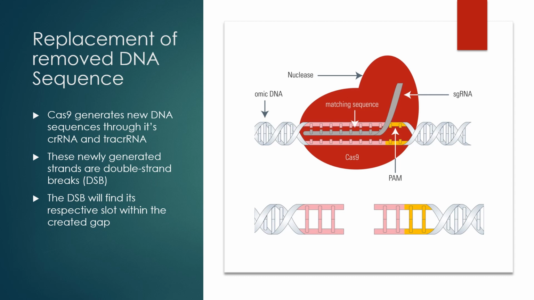These newly generated DNA strands are called DSB, or double-stranded breaks. This DSB will then take its respective slot into the original position that the first DNA strand was holding. As you can see, the gap in the lower area of the DSB.